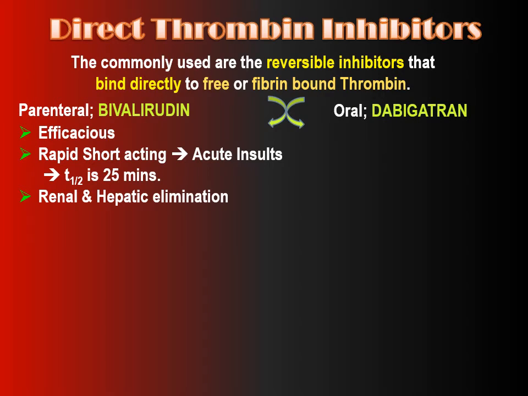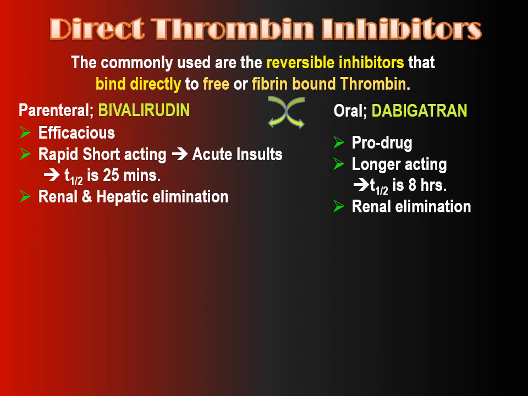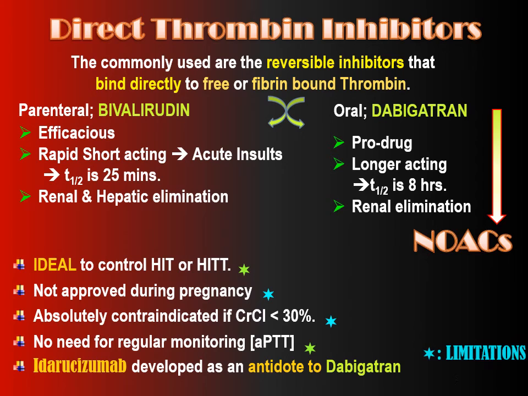And the oral direct thrombin inhibitor is dabigatran. Dabigatran is a prodrug with a longer half-life of about 8 hours, and it depends on the kidney for its excretion. Dabigatran also, together with rivaroxaban, is one of the NOACs. The direct thrombin inhibitor is ideal to control the HIT or HIT thrombosis because it acts directly on the thrombin, fibrin-bound thrombin, and also on the free one.